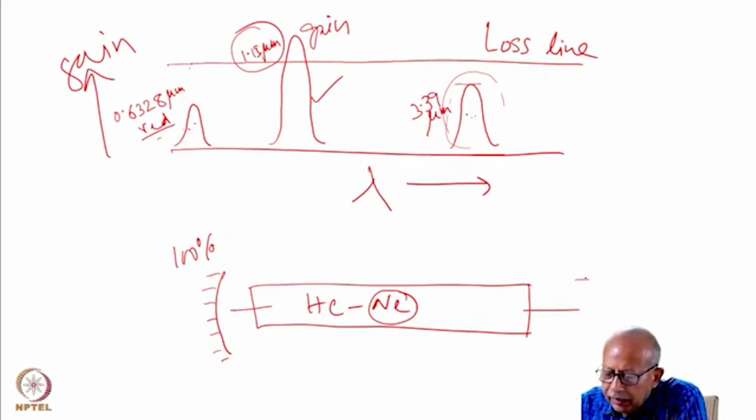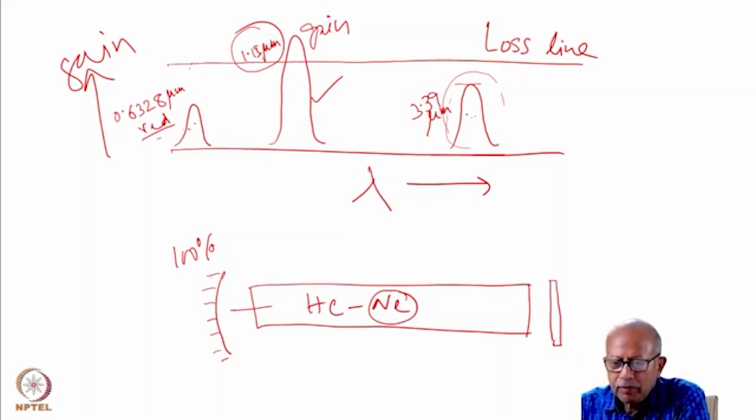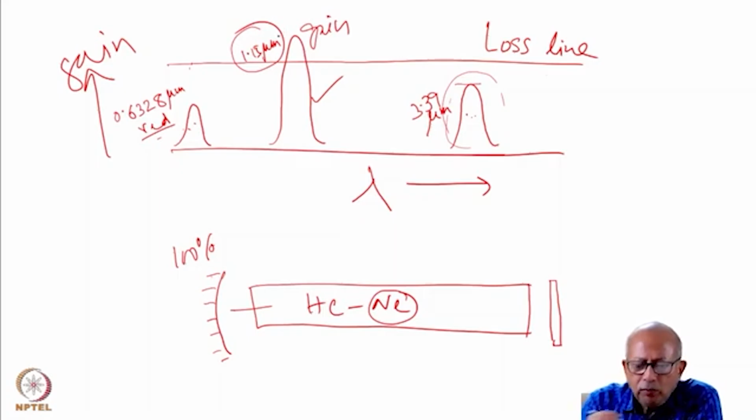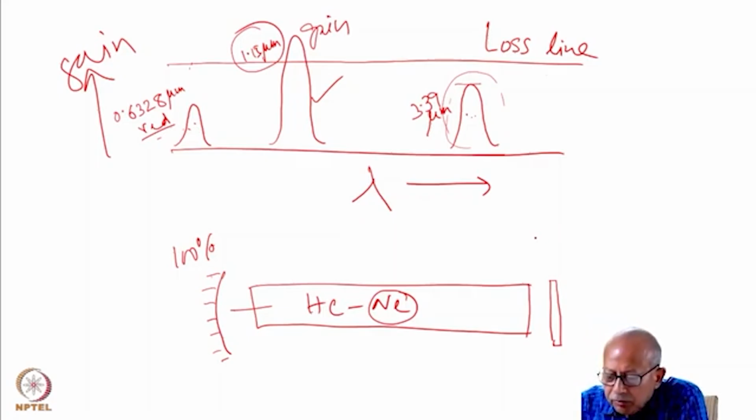And the output mirror, or the partially transmitting mirror, is so chosen or so designed, this is a dielectric coating, that the line with the highest gain, 1.15 micron, has the least reflectivity, suppose its reflectivity is 10% at 1.15.